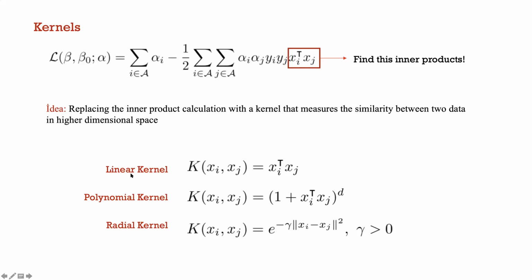Let's say if you use a linear kernel, that's what we are doing so far, and you just have that one. Or you can use a polynomial kernel, and then you can carry your inner products to another space in here. Or you can use a radial kernel. We just added 3 of the most common examples in here, but of course there are several kernels, okay?